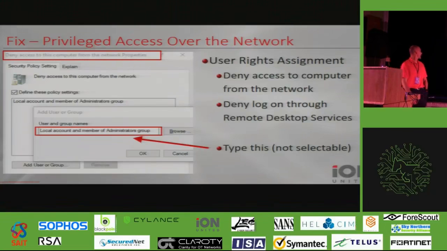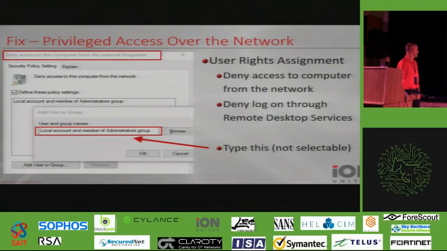There we go. All right, so user rights assignment. There are user rights for things like deny access over the network, right? Deny login via remote desktop protocol. The first time I tried to actually do this, I couldn't figure out what the heck you were supposed to do here.